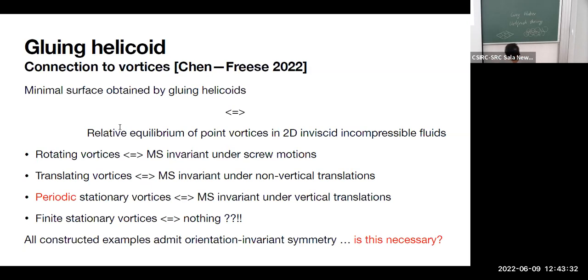And then I have actually this example. This is also a stationary vortex configuration, but the construction fails. There is one period that I cannot close. I'm very frustrated by this.